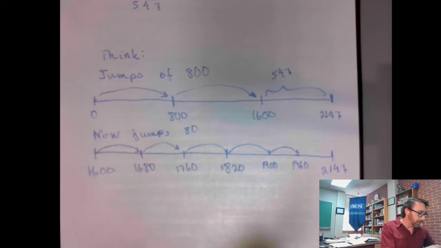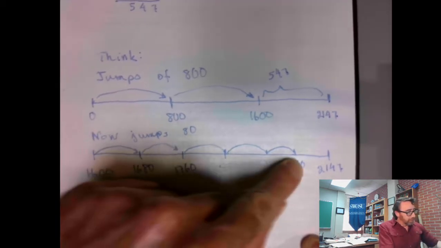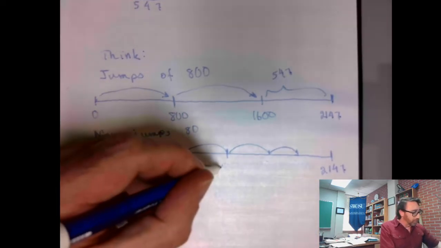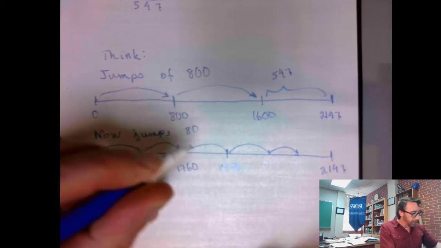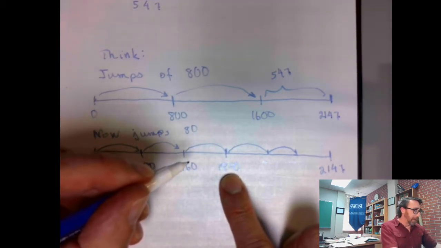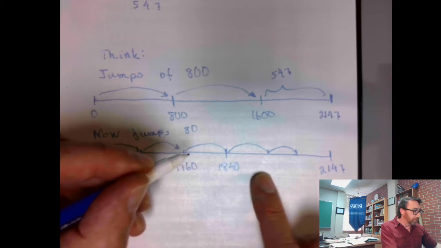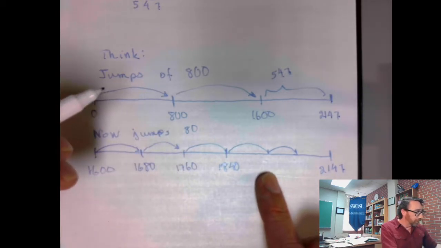No, okay, this step isn't right. Sorry about that. That's why we have erasers here. 1760, this would be 1840. Okay, add 80 to this. So you'd have, oh, 1920 was right there.